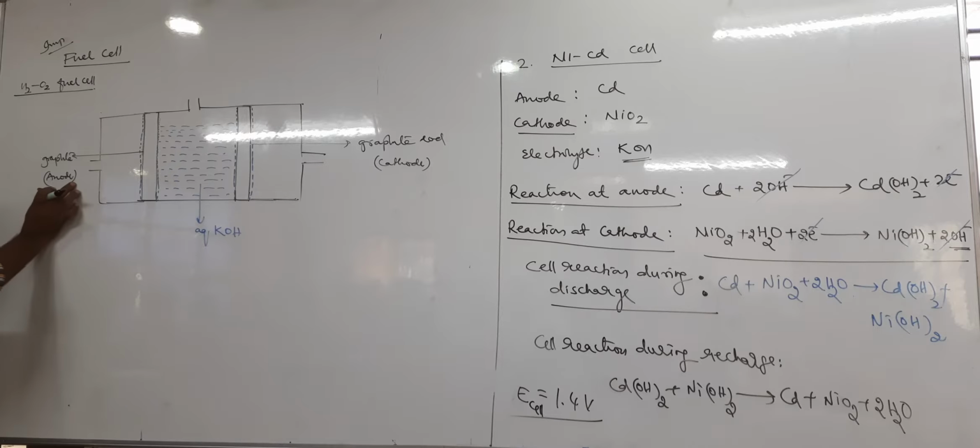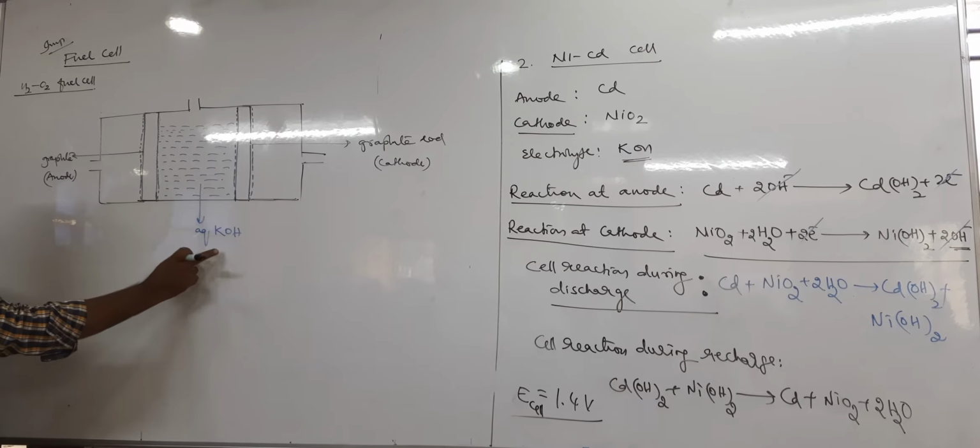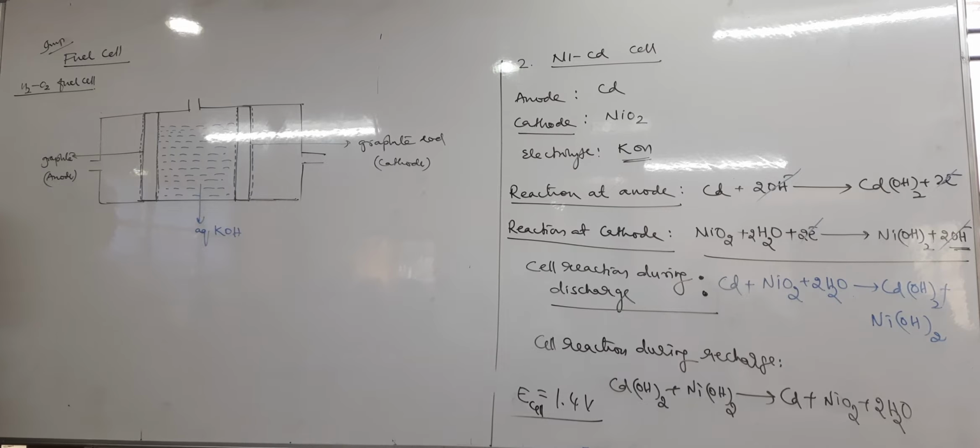So this graphite is the anode, that graphite is the cathode. Both graphite rods act as anode and cathode, and the electrolyte is aqueous KOH.